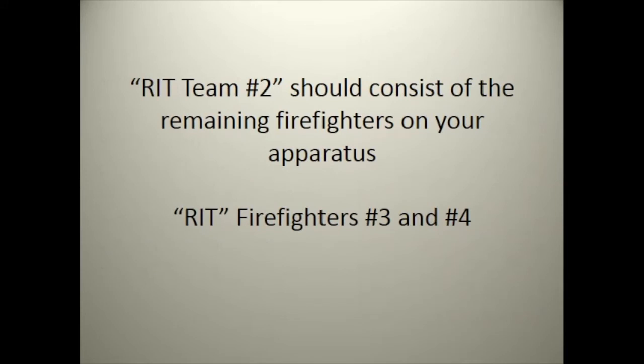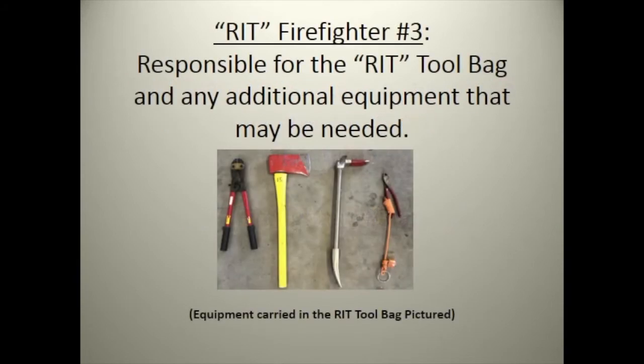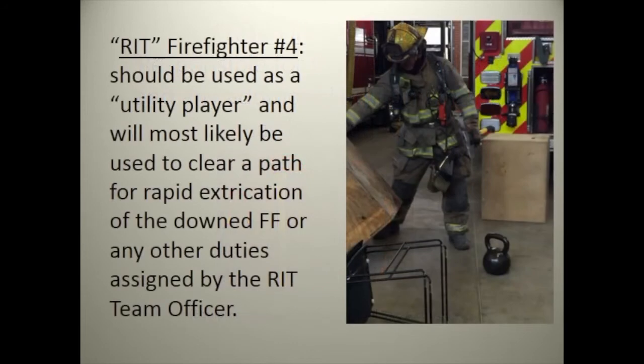RIT Team 2 should consist of the remaining firefighters on your apparatus. Firefighter number 3 should be responsible for the RIT tool bag and any additional equipment that may be needed. Firefighter 4 should be used as a utility player and will most likely be used to clear a path for rapid extrication of the downed firefighter or any other duties assigned by the RIT team officer.